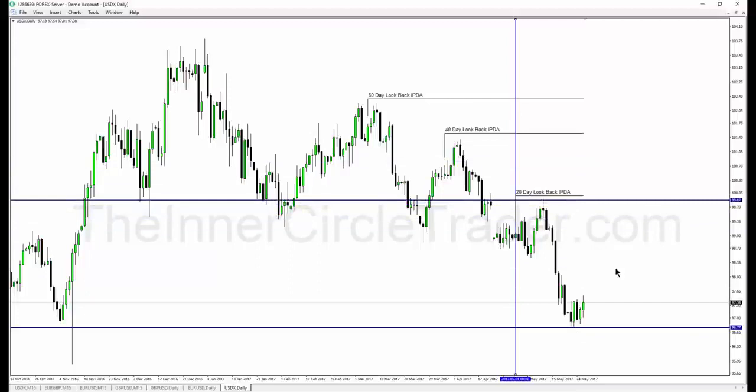For day trading, you're going to operate in those last 20 days most of the time. Now, if we have already exhausted everything inside of the last 20 days in terms of all the PD arrays, we've already traded through any premium array or traded down through and away from a discount array in the last 20 days, which is highly unlikely, but it can happen. You would go back and look into the last 40 trading days for the IPDA data range. But in day trading and scalping, you're primarily going to work in the 20-day look back period.